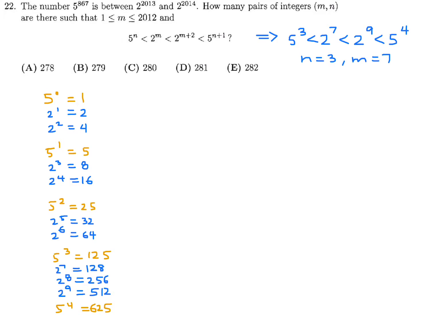Now they want you to figure out how many of them are there for m between 1 and 2012. Well, as you can see from the answer choices, there's so many that there's no way you're going to do it manually like I have. So there has to be some sort of system. So here's the system. Let x be the number of intervals of 2 that contain 2 powers of 2.